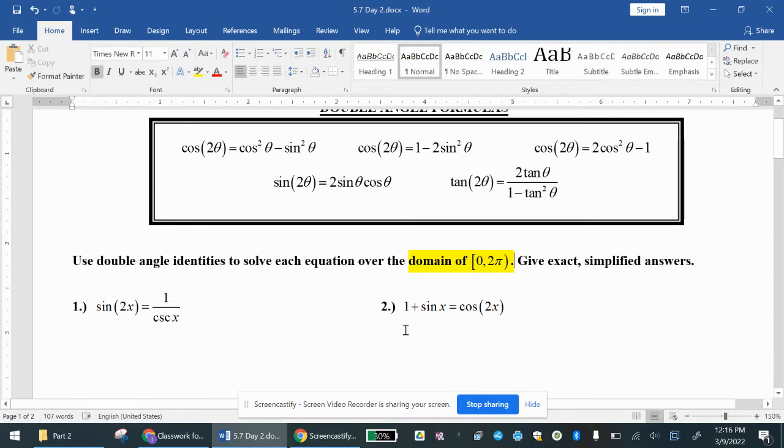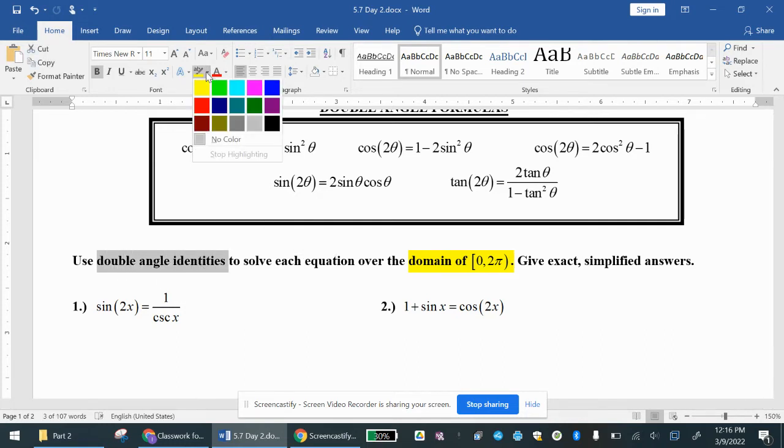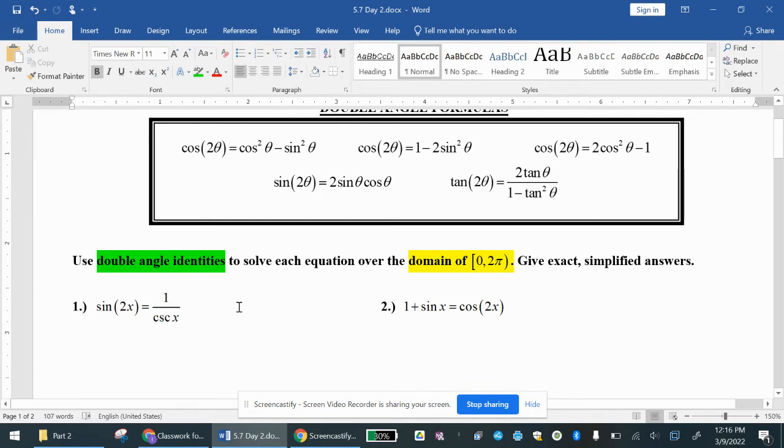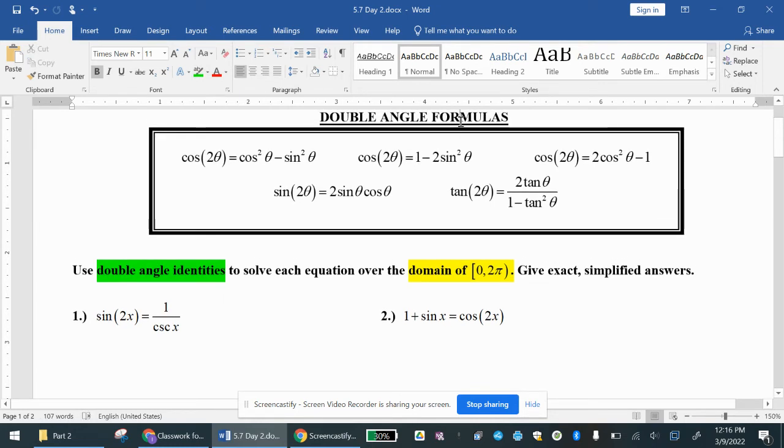And they want exact simplified answers. So we are going to be also using our double angle identities, which are the ones listed above.